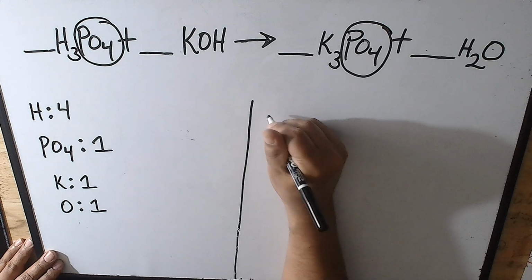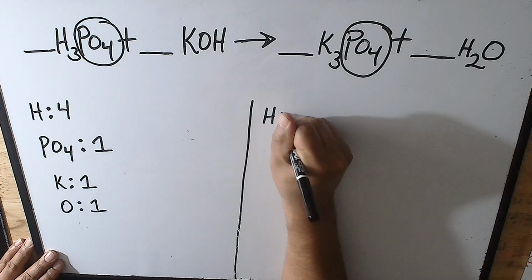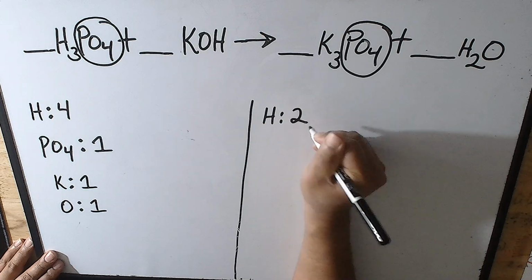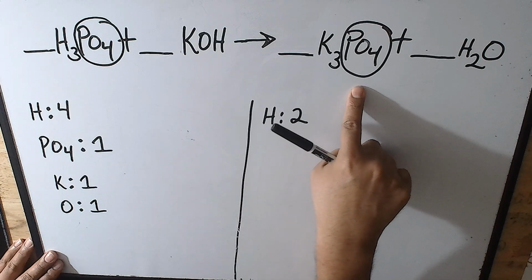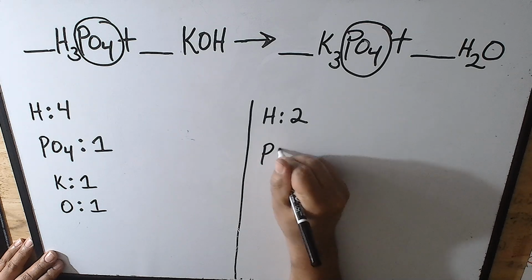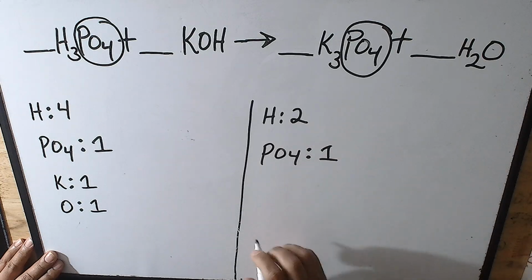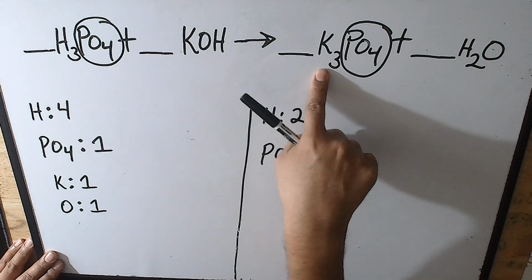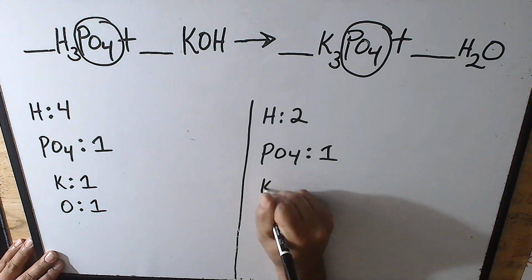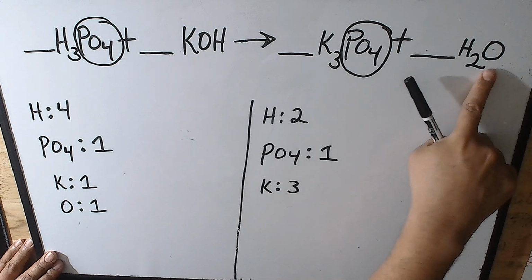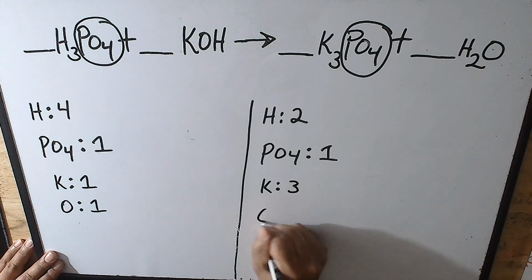Now, on the product side, we have 2 hydrogens. And then we also have one polyatomic ion, which is phosphate. And then we have 3 potassiums. And then we have one oxygen.